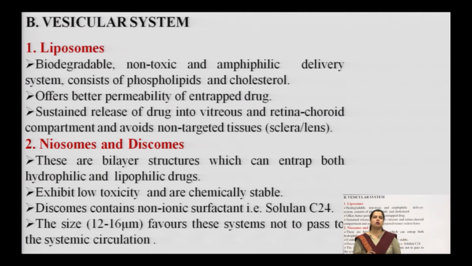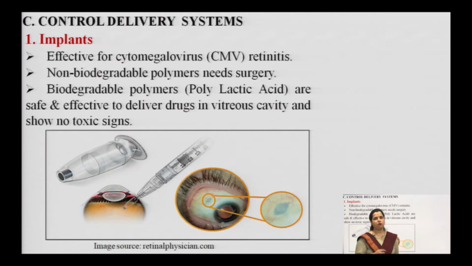The size of discosomes varies from 12 to 16 micrometers, which favors these systems not passing to the systemic circulation. So, this is basically the advantage of making and using these types of delivery systems for ocular administration, as you may have targeted delivery of the drug candidate.